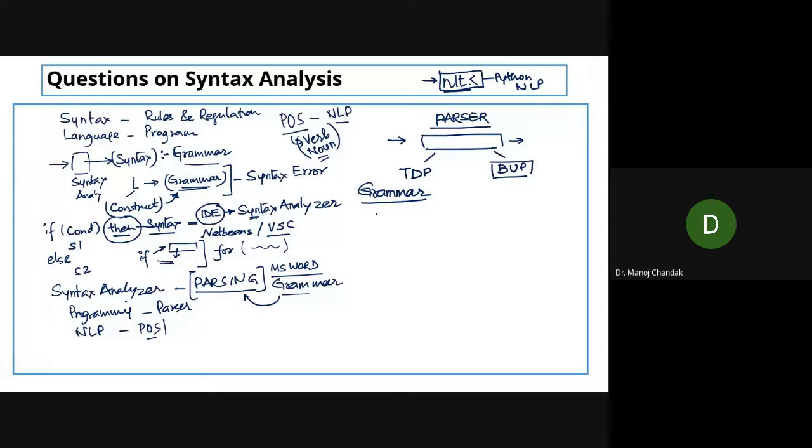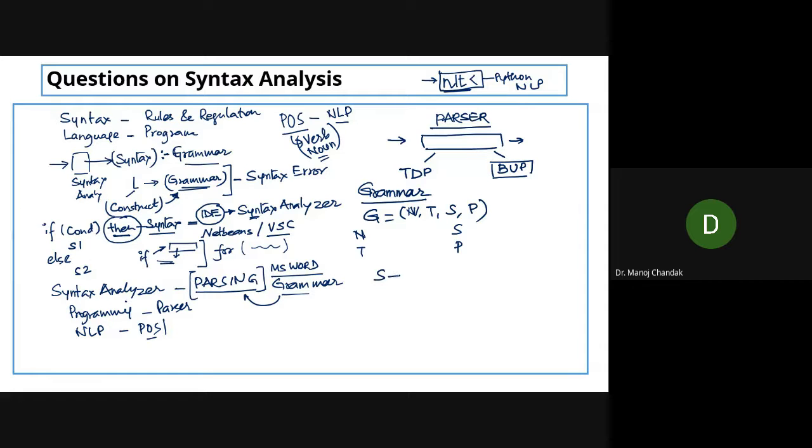If I say grammar, grammar is represented by the quadruple V, T, S, P. V stands for non-terminals, T stands for terminals, S stands for start symbol, and P stands for production rules. Sometimes in place of V you can also write N. So N stands for non-terminals, T stands for terminals, S stands for start symbol, and P stands for production rules.